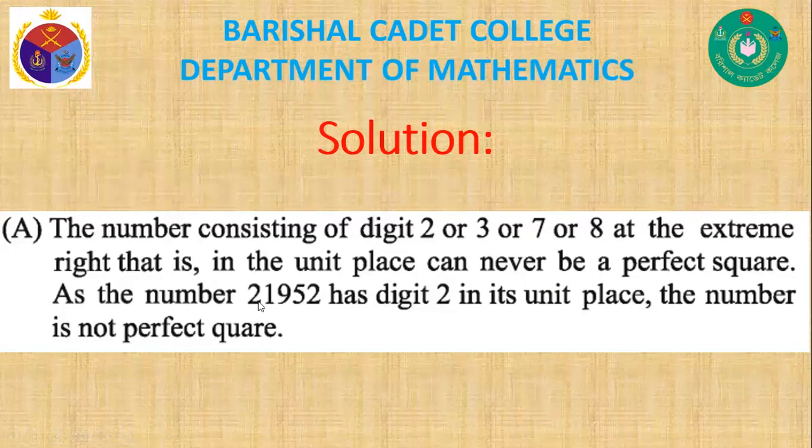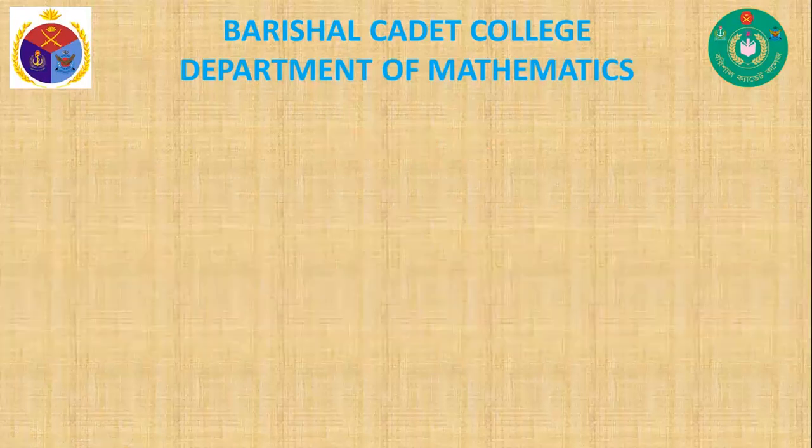Here, the number is 21952, that is, 2 is at the unit place. So this number can never be a perfect square number. I hope you have understood why the number 21952 is not a perfect square.